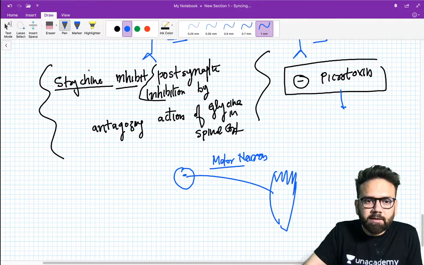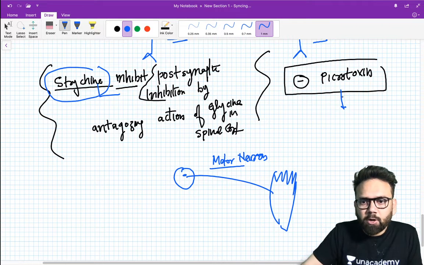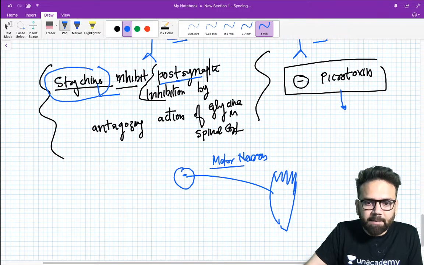But there was a question that strychnine is also a poison, and picrotoxin is also a poison. So where do they work? Strychnine inhibition is postsynaptic, and picrotoxin inhibits presynaptically.